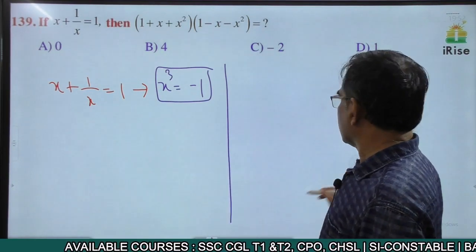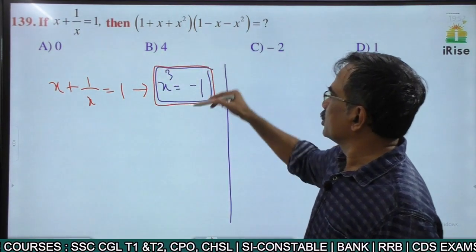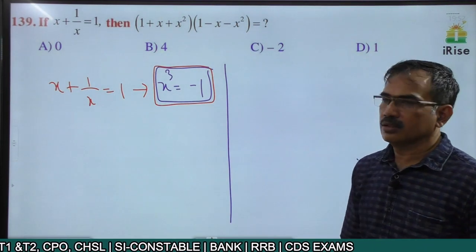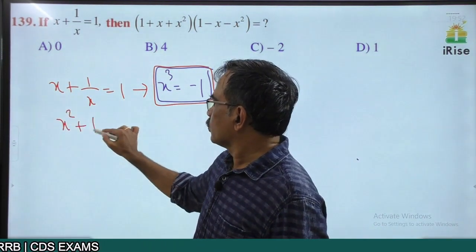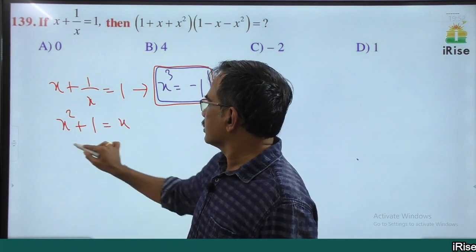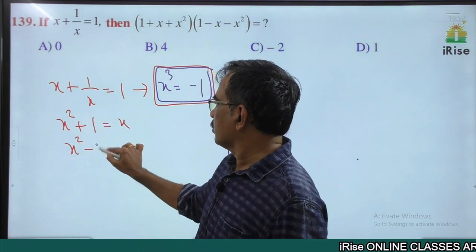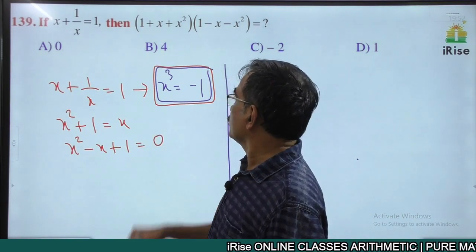I want to use this condition to solve this question. Here this can also be written as x square plus 1 is equal to x, so x square minus x plus 1 is equal to 0.